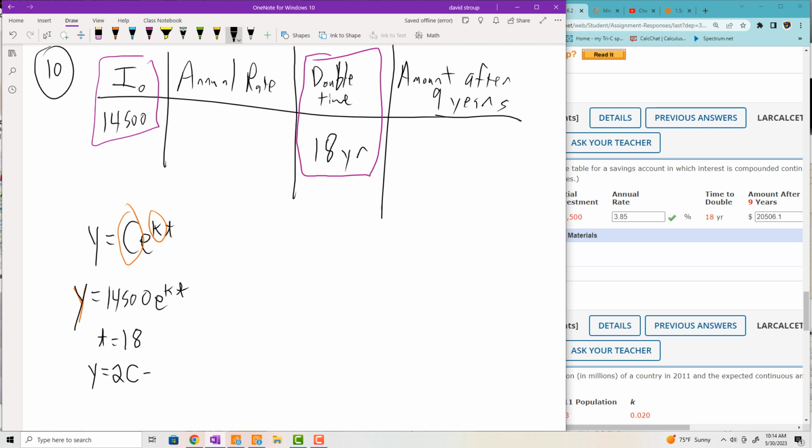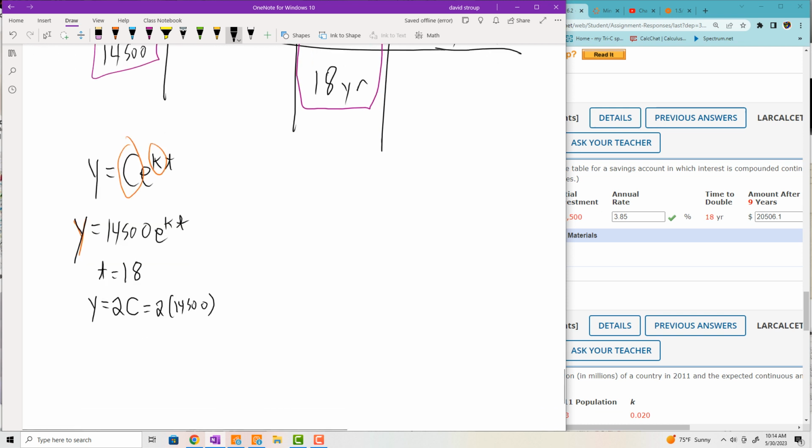So in our case, that would be twice the $14,500. After you wrap your brain around that, you just substitute it into the equation itself. So you have 2 times 14,500 for y equals 14,500 e to the kt, and t is 18.